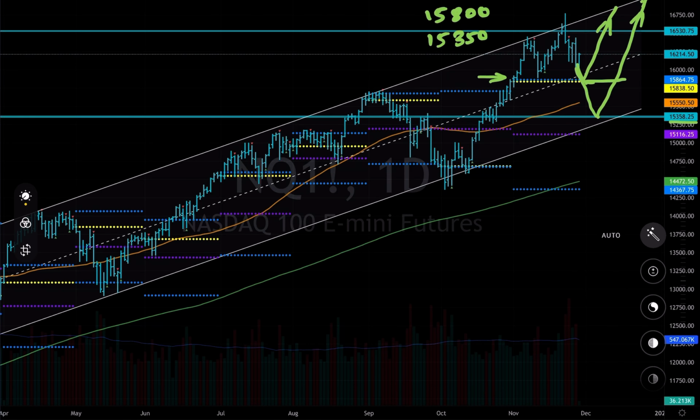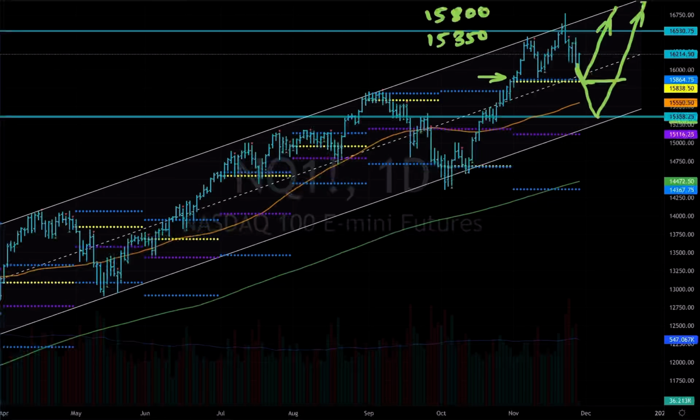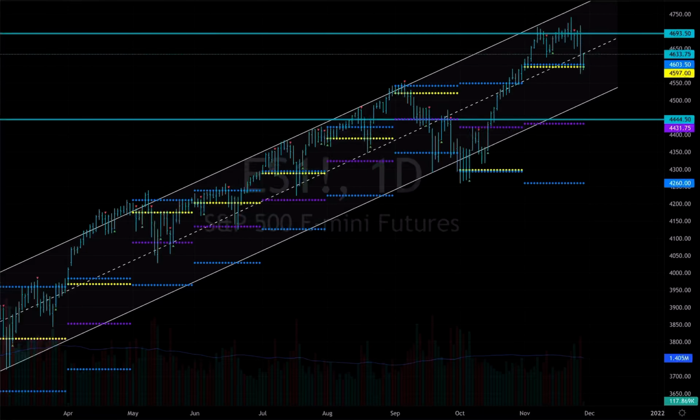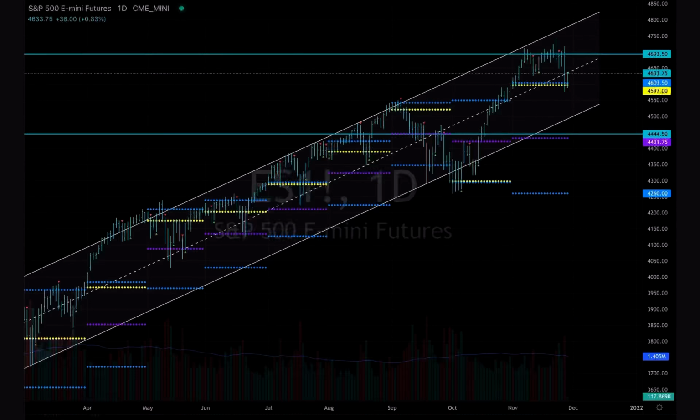S&P 500 with the same market structure levels. So this is S&P 500 as we see here. It is again the same pattern. It is well within the upward trending channel, and it hits the top, and there are two key levels we watch as always.